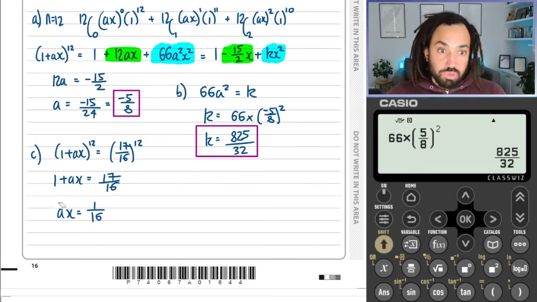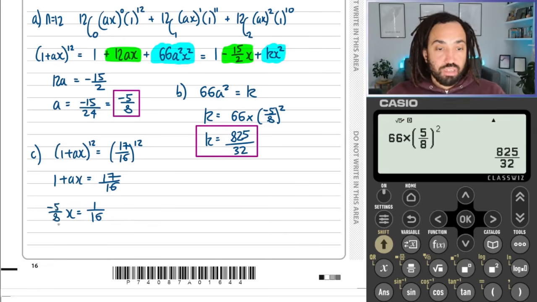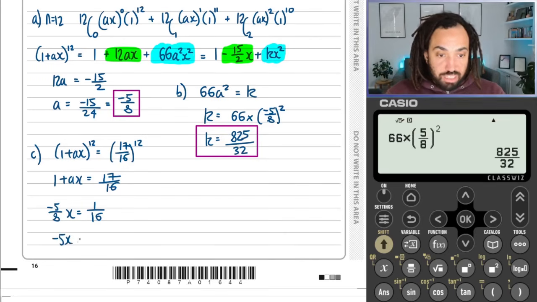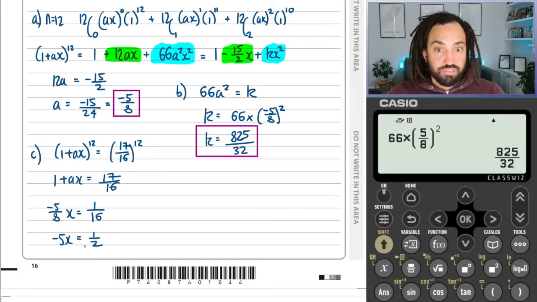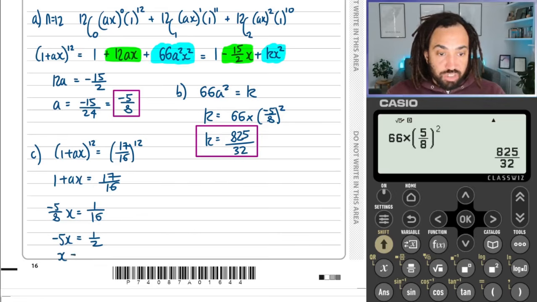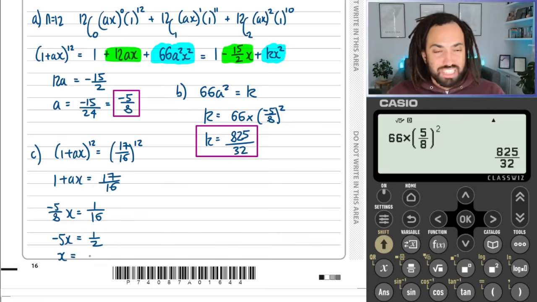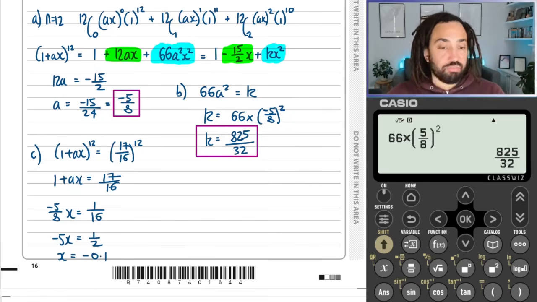And a, of course, we know what a is, don't we? We know that a is minus 5 over 8. So times both sides by 8 gives us this. Then divide both sides by minus 5, which gives us x equals minus a tenth, or minus 0.1.